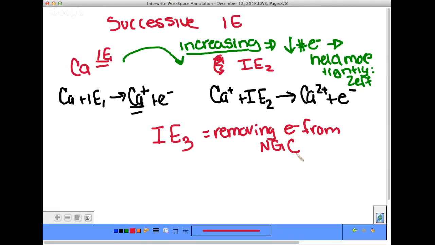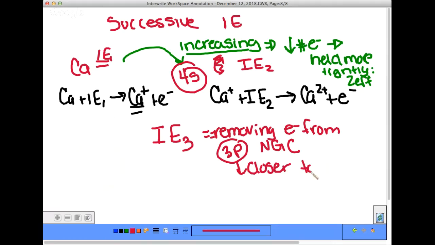Not only is it a noble gas configuration, so it's not going to want to lose an electron, but also the electron that we are going to try to remove is from the 3p, not the 4s energy level. These electrons are closer to the nucleus, and if they're closer to the nucleus, they're going to be harder to remove because that attraction is stronger.